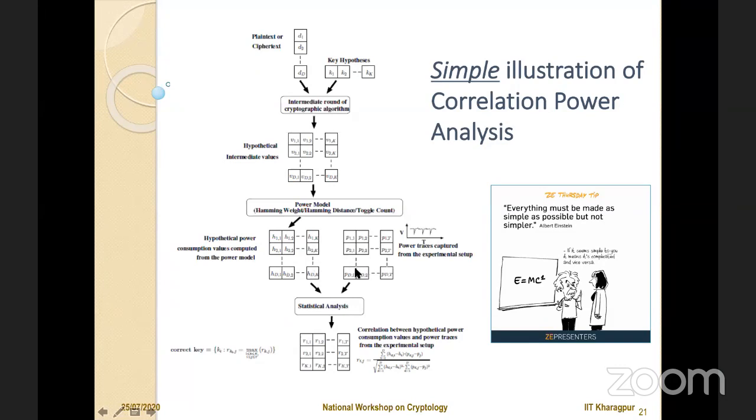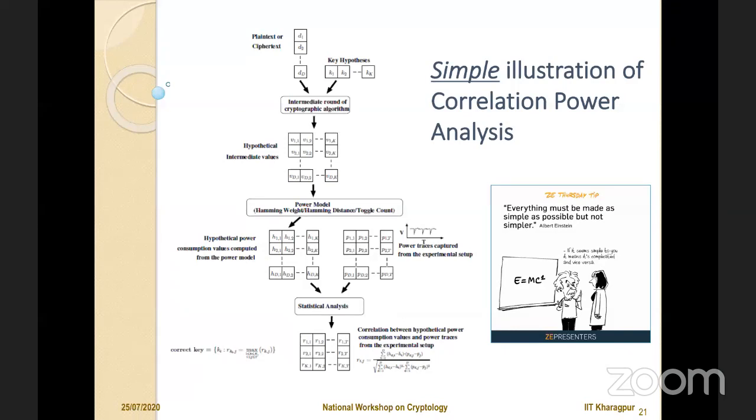Now we input these to a statistical analysis technique, where you correlate the columns of your hypothetical power matrix with the columns of your real power matrix. The idea is that the column of the hypothetical power matrix depends upon the key hypothesis, and if your key guess is correct, then at some instance of time you will find a peak in the correlation.